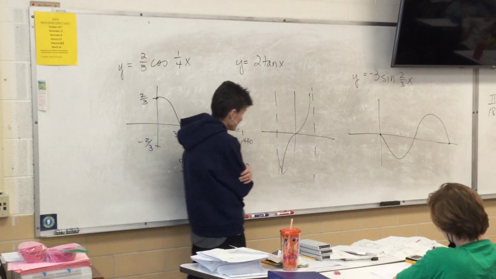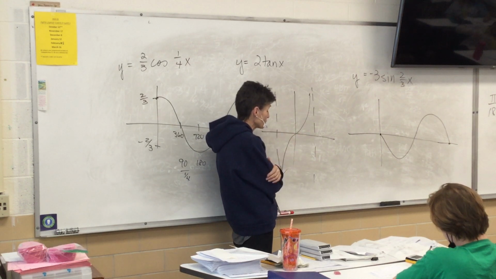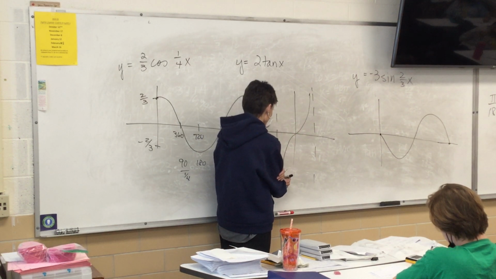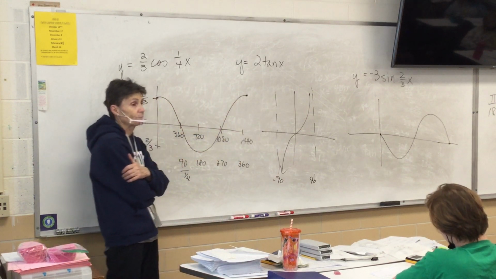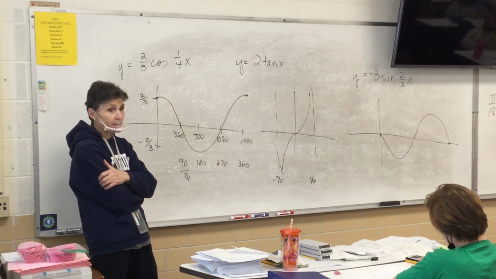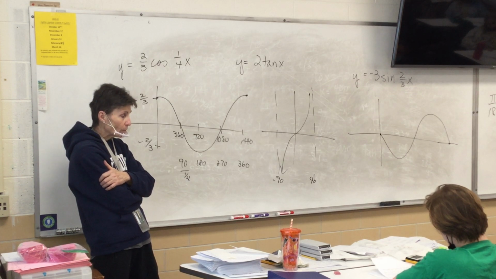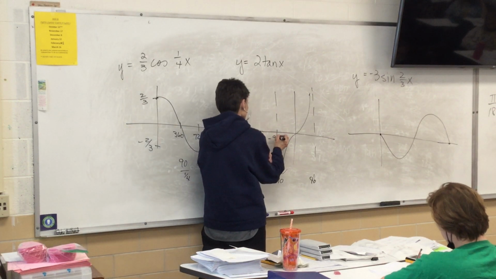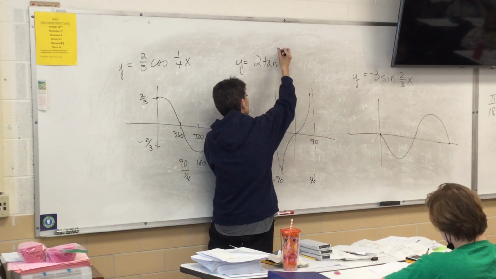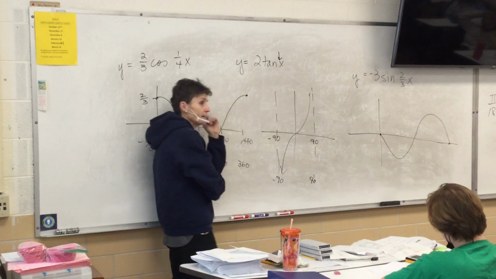Now our tangent picture, which has the asymptotes and the squiggly line, the normal asymptotes are at negative 90 and 90, right? But wait a minute. Aren't they still at negative 90 and 90? Because there is no number stuck in here, right?